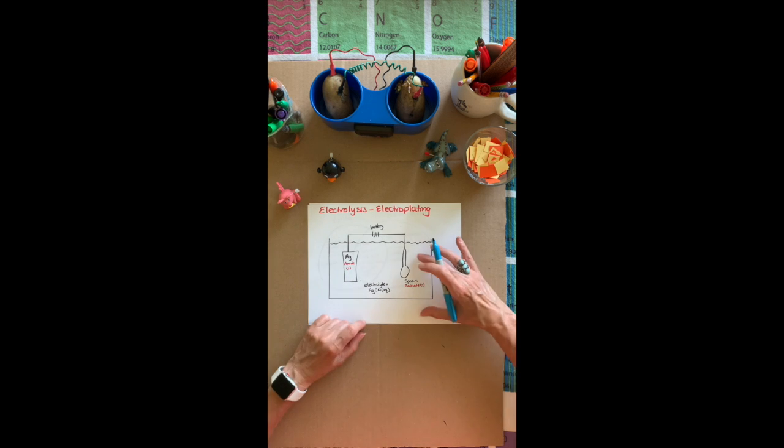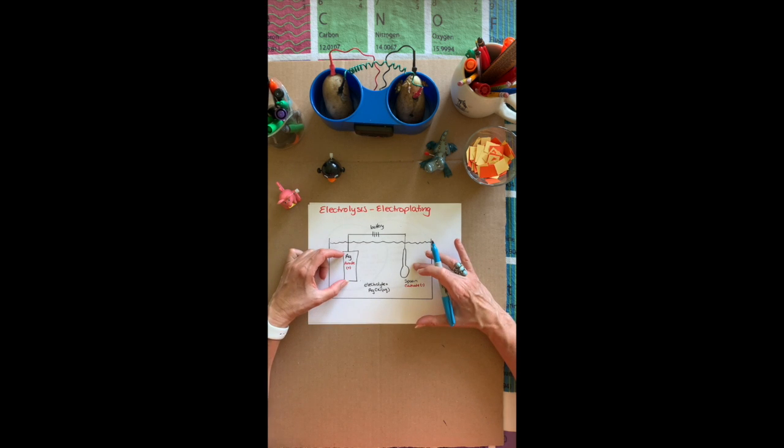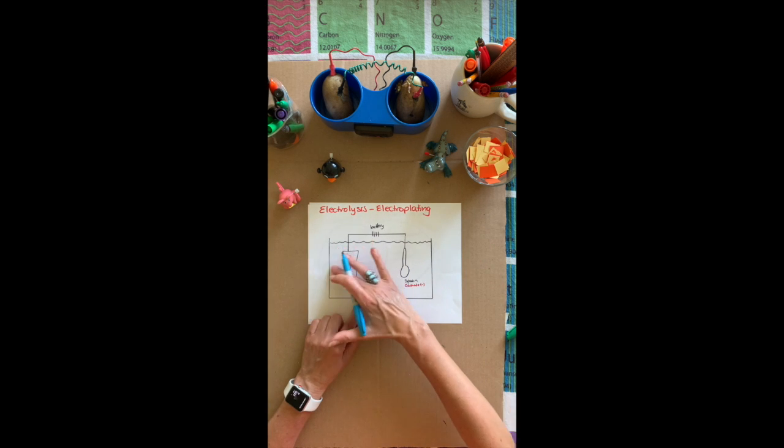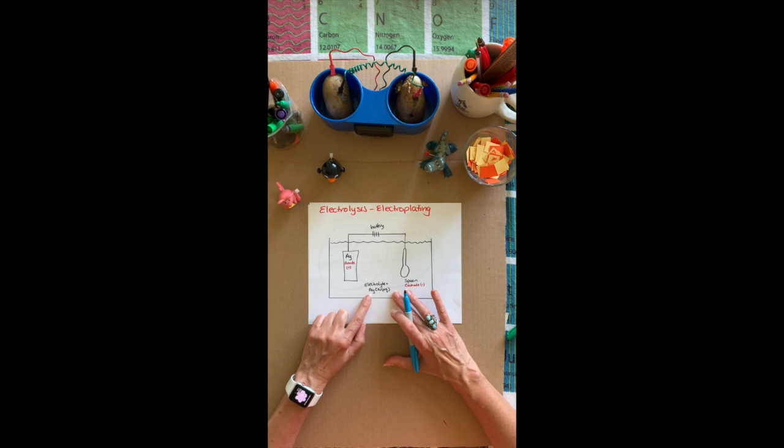I want to coat this spoon with that silver and make that a very thin coating. It's electroplating. Now, the solution here, the electrolyte, can be a number of compounds. In this example, I'm using silver cyanide as an aqueous solution.